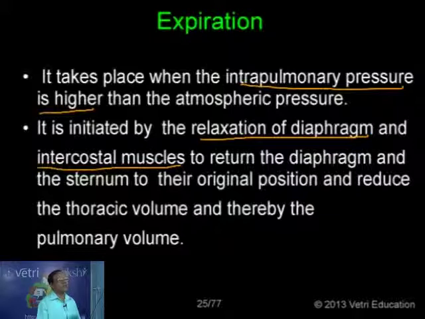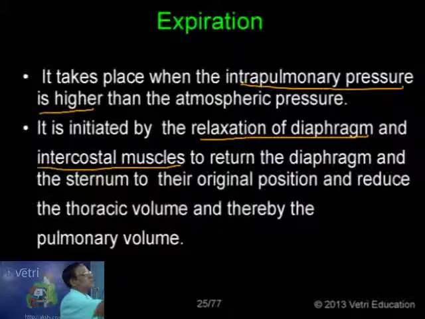In some books it may be given like this: relaxation of the diaphragm muscles and contraction of internal intercostal muscles. While the internal intercostal muscles are undergoing contraction, there is simultaneously a relaxation of the external intercostal muscles. So anyway, the diaphragm muscles and the external intercostal muscles undergo relaxation, and the internal intercostal muscles undergo contraction.